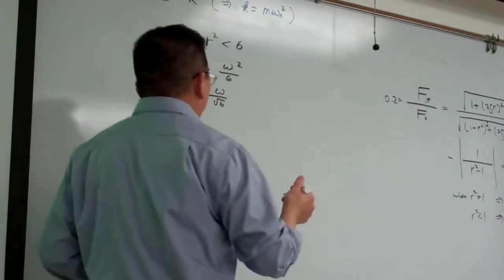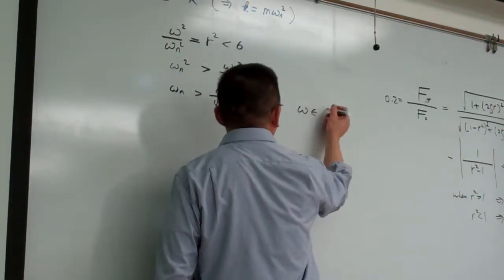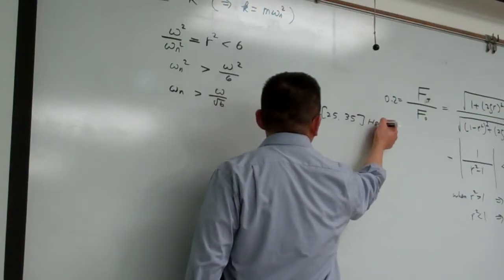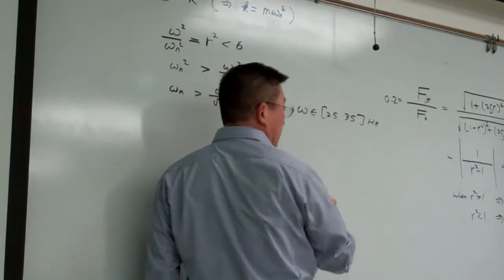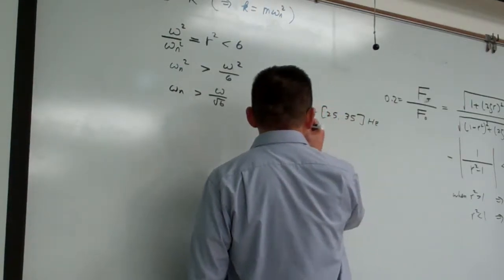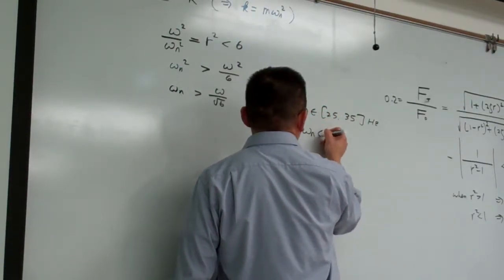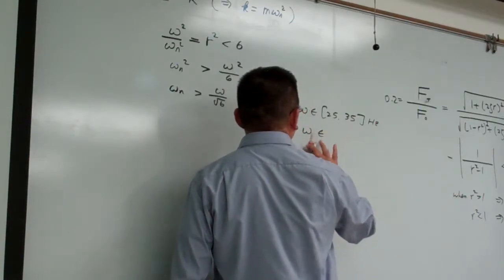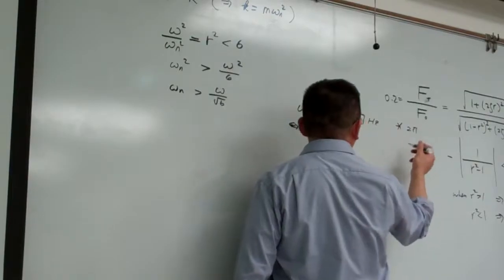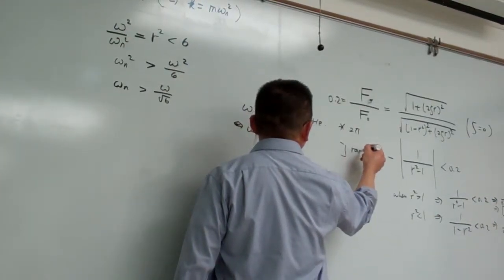Okay, and right now we are given omega between 25 and 35 hertz. Okay, then we can convert it into radians per second. So basically you multiply with 2 pi, that will get into radians per second.